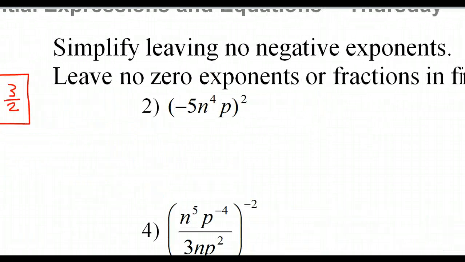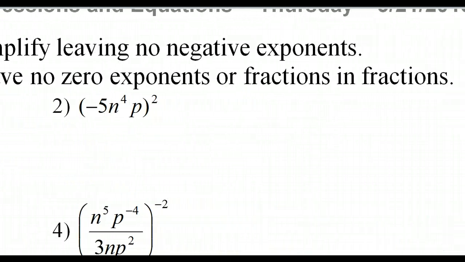All right, let's jump over to the other concept of simplifying. Now, we have to raise all this stuff to this power. So basically, you're just going to do this separately to each one of these 3 things. If I ignore all this stuff, I've got -5 squared. -5 squared is positive 25.